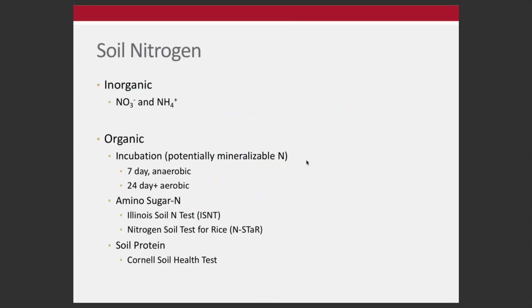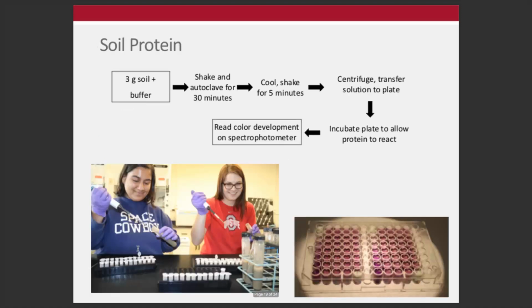There's again this split of inorganic versus organic, and organic often has incubations, or you might look at an analysis called amino sugar. We're not going to get into this, but these are other analyses that are out there. But we've really focused a lot on soil protein as a measurement. The method itself is 3 grams of soil in a sodium citrate buffer solution.